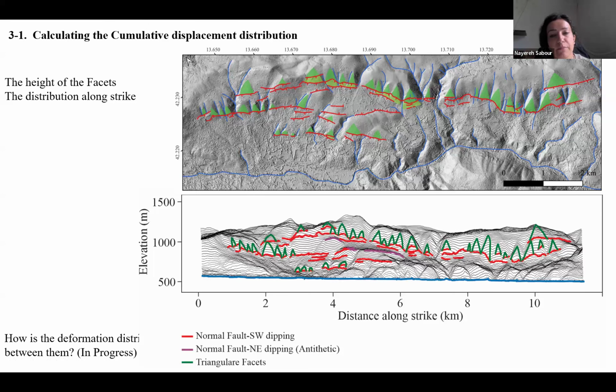Because in the mature part the displacement is concentrated, localized, and in the immature part it is separate. So we are working on calculating the distribution of the cumulative displacement between them.